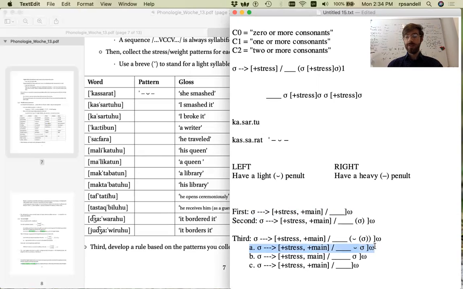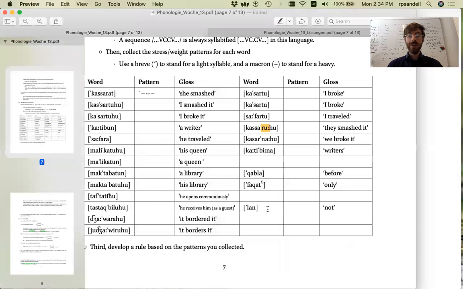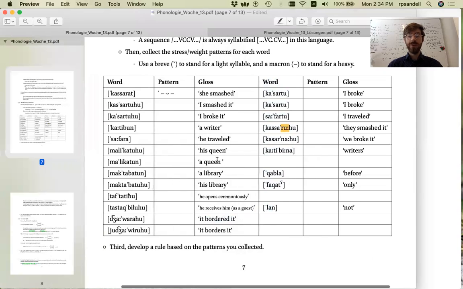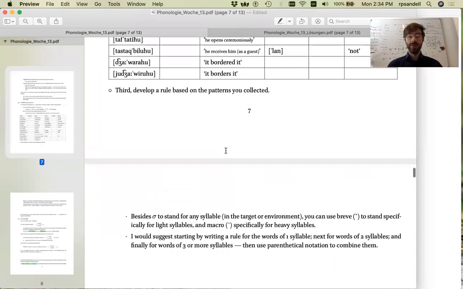So this says either assign primary stress to the third to last syllable if there are at least two syllables following it and the second to last syllable is a light syllable, or assign primary stress to the second to last syllable, and that would be the case if either the second to last syllable is heavy or the word only has two syllables, and in case the word is monosyllabic, assign stress to just the final syllable.